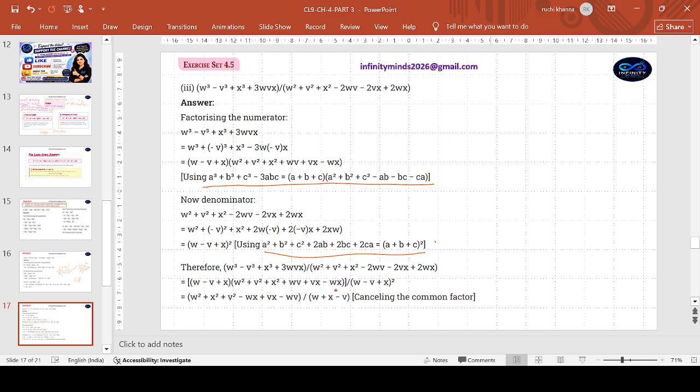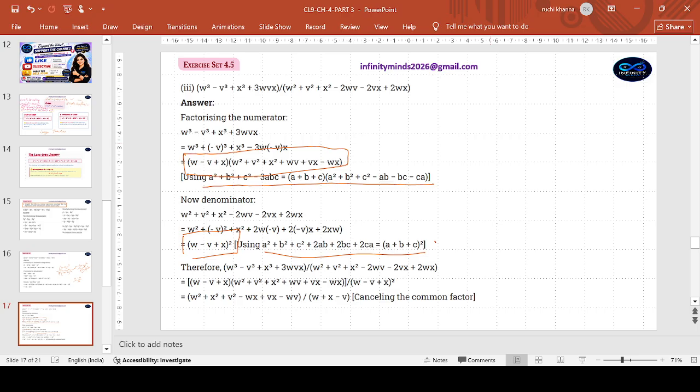Now putting all of them together and cancelling the common factors. Try to see. This was the answer to the numerator, and this is your answer to the denominator. Do you feel you can cancel anything?